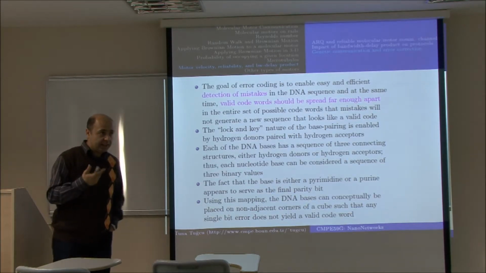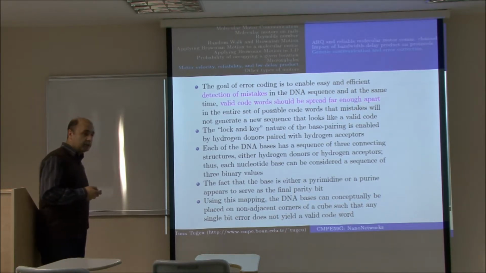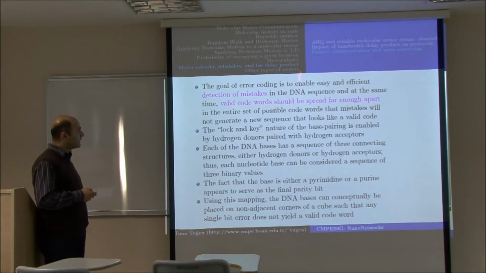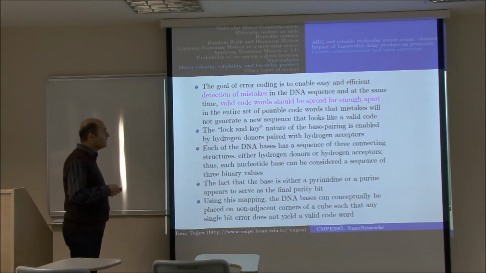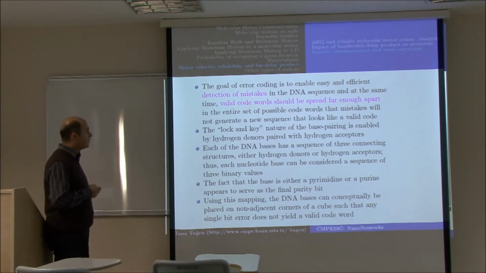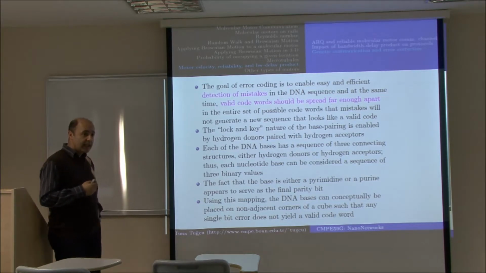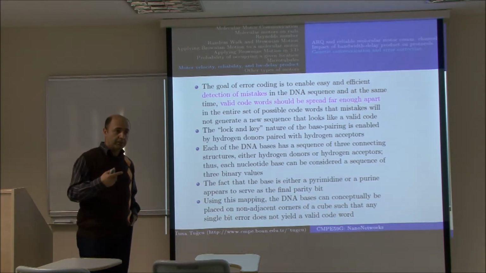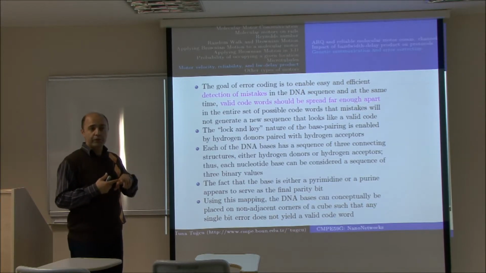When we have the error coding, our primary goal is to have a mechanism for detecting the errors, the mistakes in the DNA sequence, and at the same time make sure that if an error occurs in part of the DNA, the information written there, when modified with the error, does not resemble some alternative form of information.